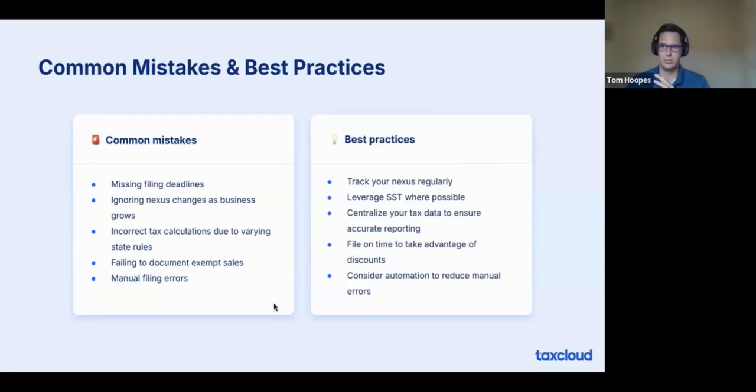So certainly prepare to switch providers, look at your contract and see when it's going to end, and give yourself a couple of months to plan that transition to a different provider, because that nexus footprint could have ballooned over the last couple of years, and you could be registered in many more states than what you were expecting, or maybe thought was there. So it's certainly something I've seen over the last couple of years.